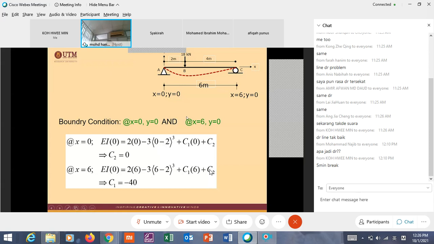Therefore, we cancel it out. And at x equal to 6, the sum here is positive, then we have to take it into the calculation. Therefore, C1 is equal to minus 40.